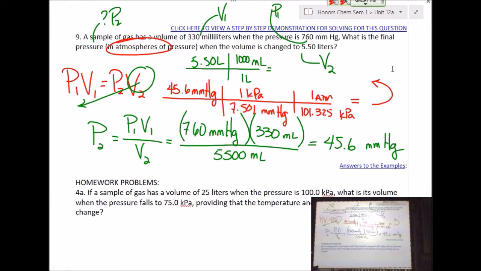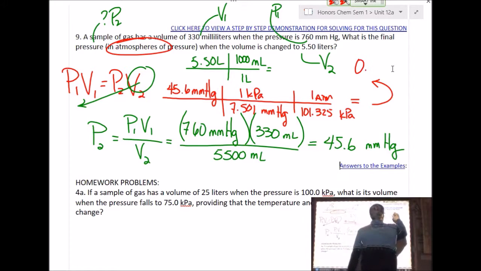I got 0.059969. No, it is 0.06. It's just 0.06. There are no other sig figs in it. All right, I'll go with that. I like Luke's answer, but I'll go with that.